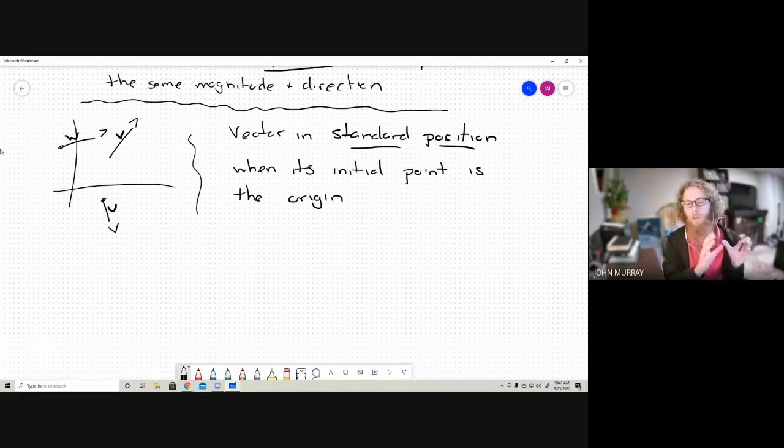So we can move our vectors around where we need to, and dealing with geometry and translations, we're not changing the size or the direction, we're just changing its position so it looks nicer to us. It's easier to deal with it when it's in standard position.